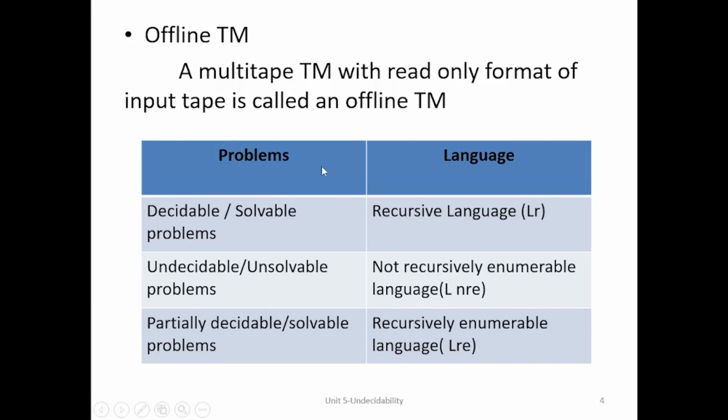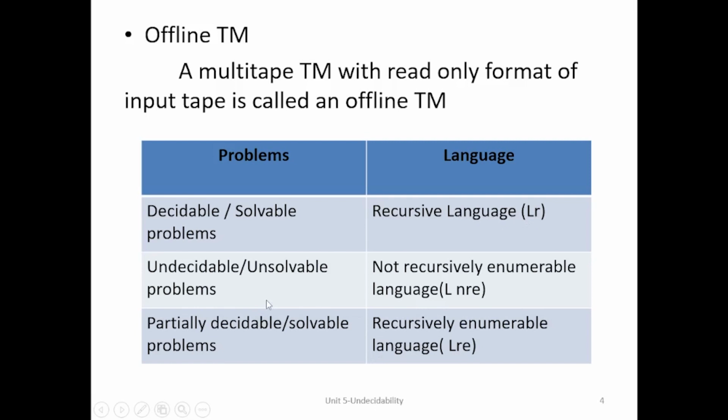If you consider problems, there are three types available: solvable problems, unsolvable problems, and partially solvable problems. If a problem is solvable, that is, if you find a solution for that particular problem, it is considered a decidable problem, and the corresponding language is called a recursive language, denoted as LR.